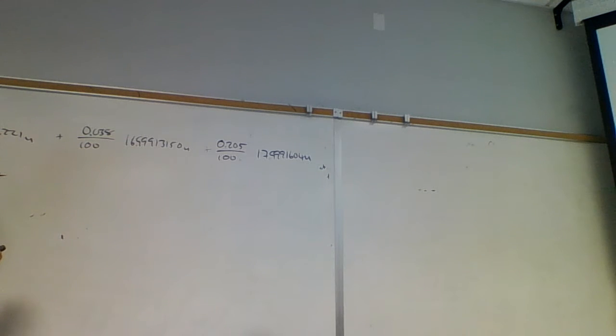All right, plus the second term here. It's 0.038 times 16.9991315. I don't need the 0. Divided by 100. 0.0064. Now, how many sig figs am I allowed here? Well, it depends. In 0.038, how many sig figs is that? Is that 4 or 2?